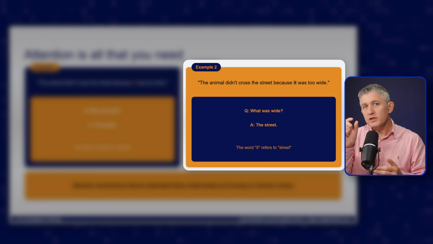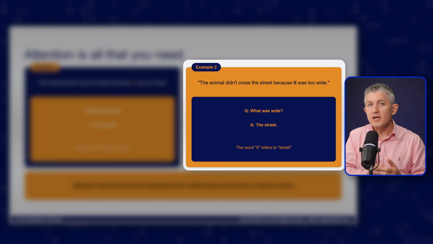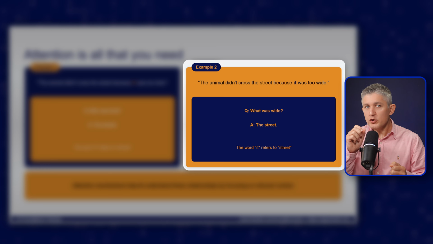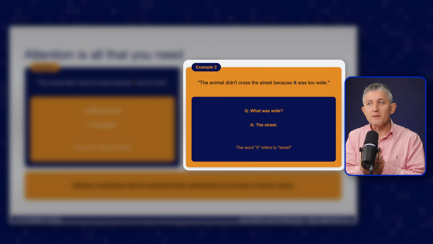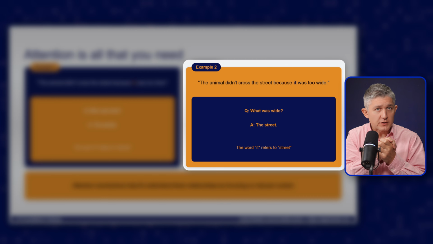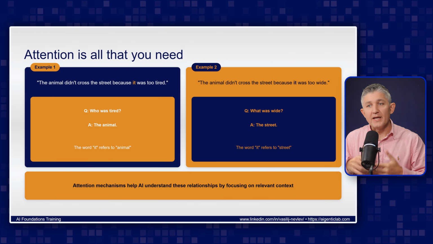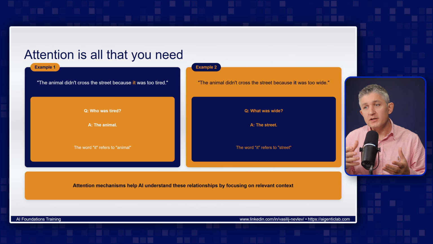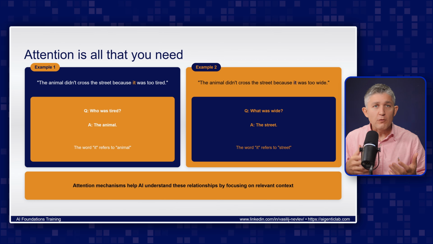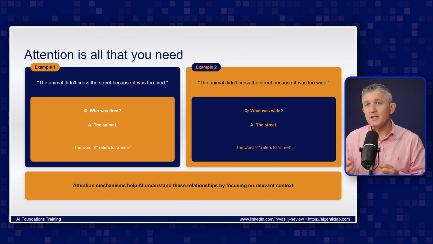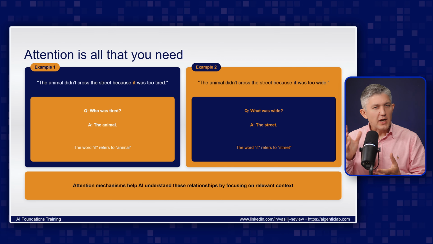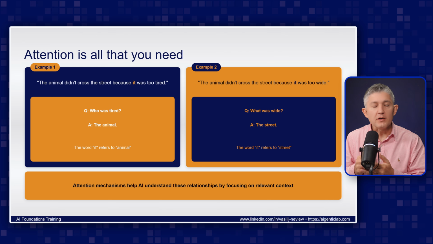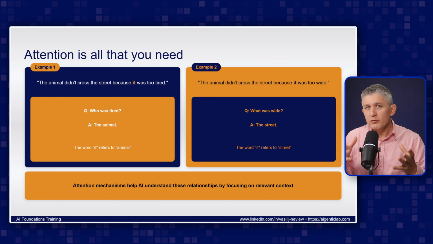You can see that with a slight change in the last couple of words, you as a human know that "it" refers to the street, because it was the street that was too wide, not the animal. The attention mechanism helps understand these relationships by focusing on relevant context. It is this insight, which I believe was based on a Google paper, that allowed us to create LLMs.